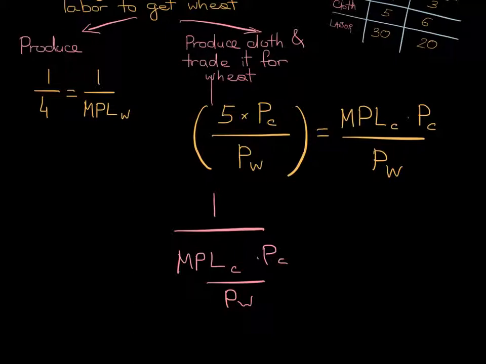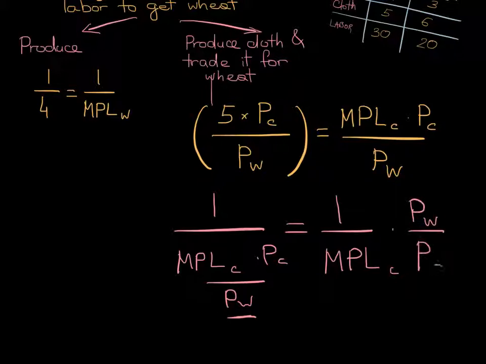Now this ugly fraction can be rearranged to just look like this: 1 over the marginal product of labor in the production of cloth times, notice that the price of wheat from the denominator of the denominator moves into the numerator, price of wheat over price of cloth.